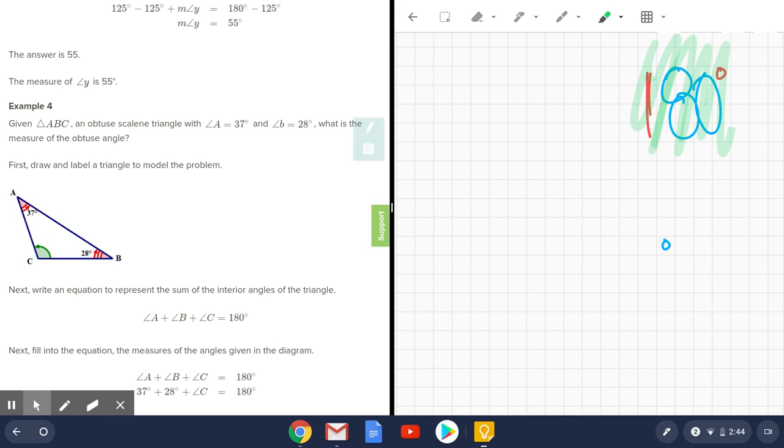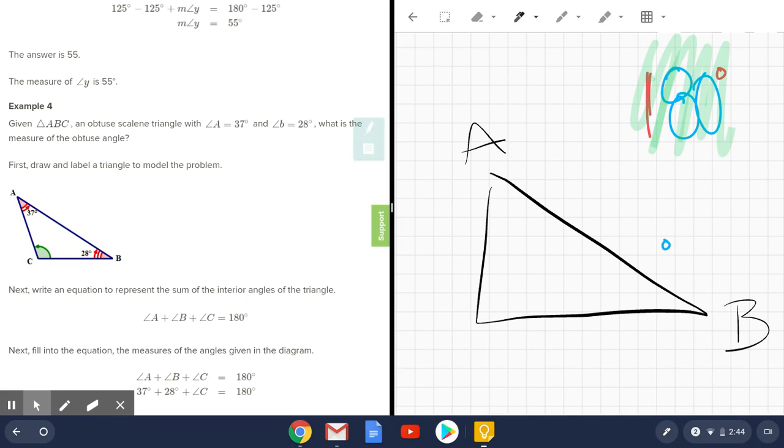All right, here we go. So example 4, we have triangle A, B, and C. Angles A and B are both different. So we have 28 and 37. So we need to do some subtraction here because those have to equal 180, right?